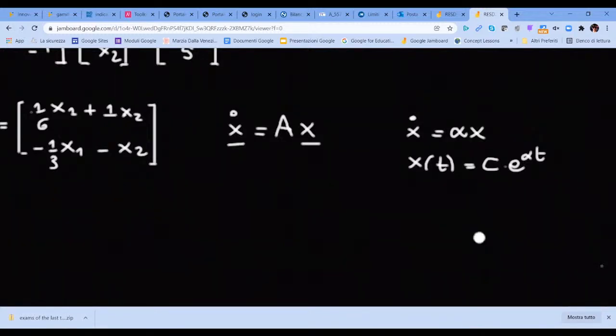Okay, and this comes from the computation of the eigenvalues of the matrix.